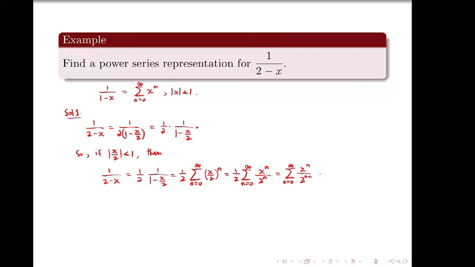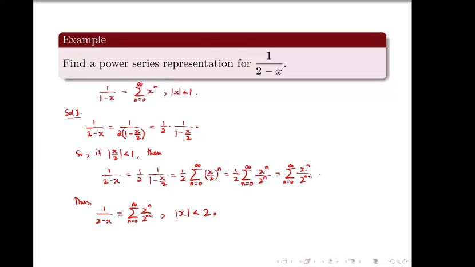So again, the equality holds for this interval. Okay? Let me just write that interval here. Absolute value of x over 2 less than 1. Okay? Thus, 1 over 2 minus x, we can write this as the sum of x to the n over 2 to the n plus 1, from 0 to plus infinity, where the absolute value of x is less than 2.